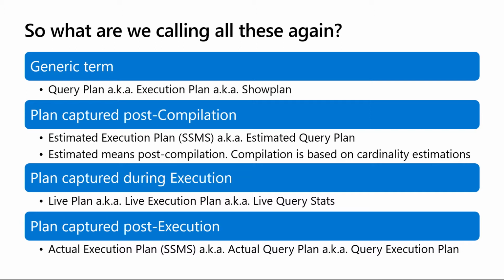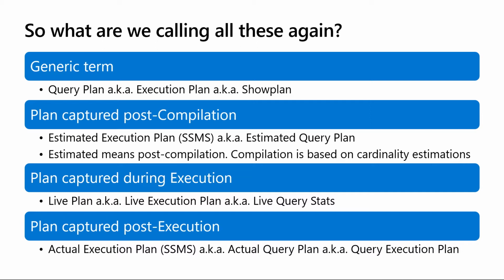There are, however, different levels of detail that the query plan has depending on the option that you use. The plan that is immediately available after compilation is commonly known as the estimated execution plan, because that's a name that you see in SSMS.